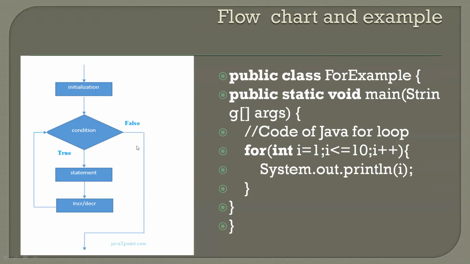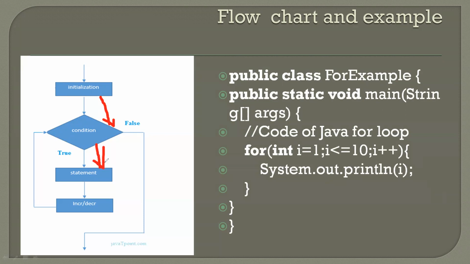So it is a simple for loop flowchart diagram on the left-hand side. Here the first part is initialization. For each and every for loop, initialization will be done first, right? After initialization, we will check the condition. If the condition is true, we will execute the statements.